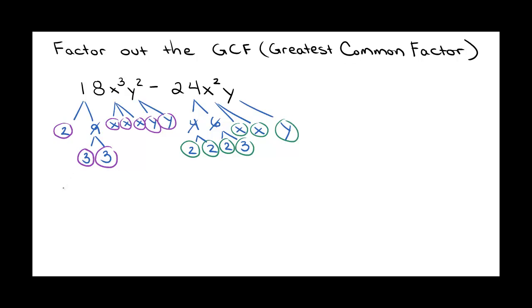Let's rewrite the factors of the 18x cubed y squared first. Let me scoot that 2 over just a little bit so I have a little bit more space. 2 times 3 times 3 times x times another x times y times y.